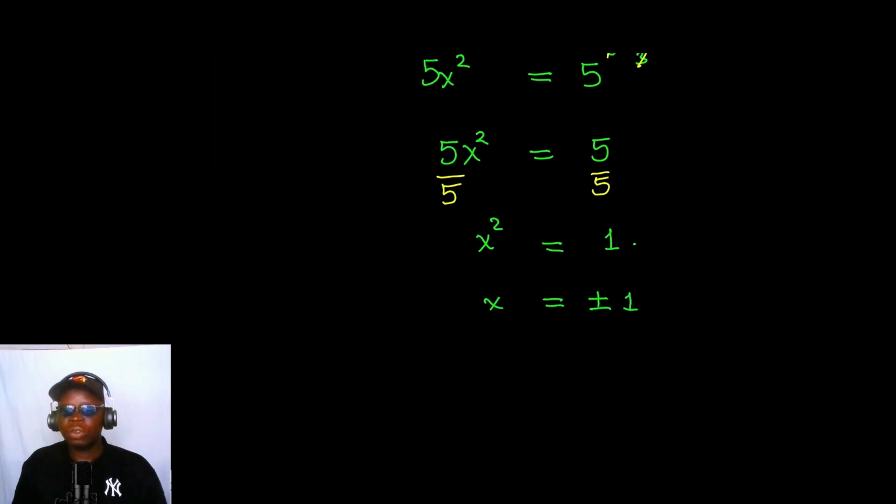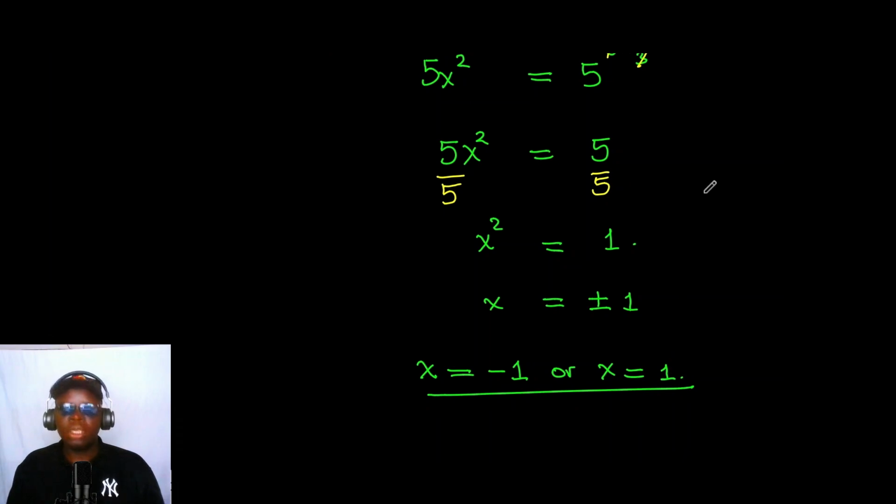Therefore, we also have two answers for the value x. So x equals negative 1, or x also equals positive 1. So pause the video, go ahead and test out these two solutions, substitute into our equations, and tell us whether both are valid solutions.